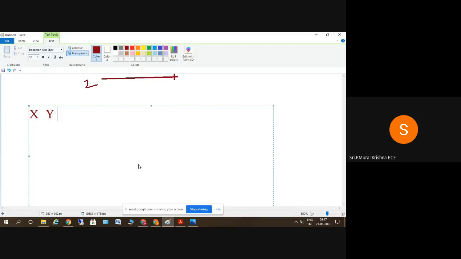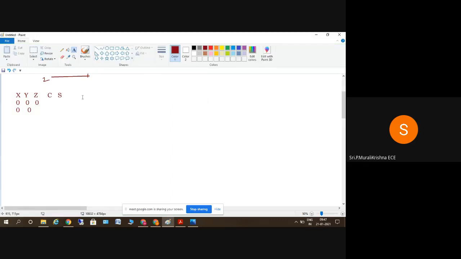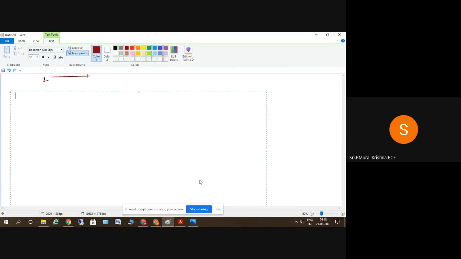Three inputs X, Y, Z, and 2 outputs carry and sum. So the 3 inputs combination is 0, 0, 0.